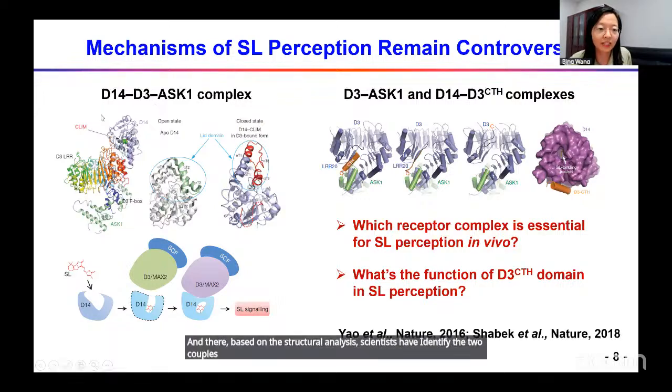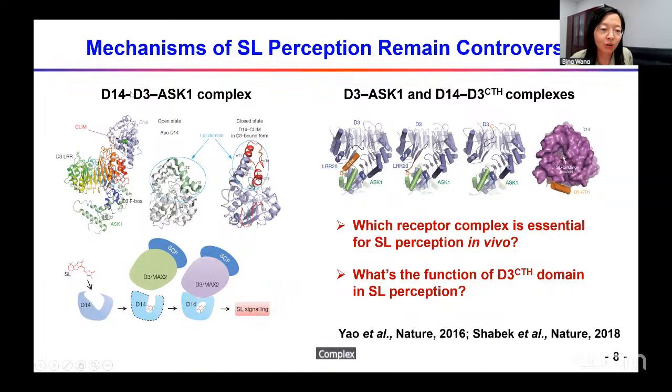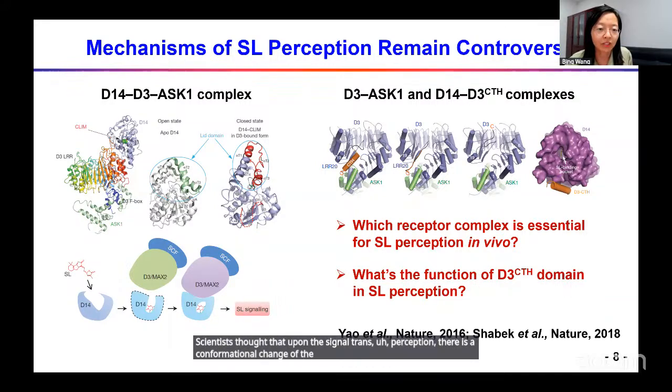The first one is the D14 receptor complex with the F-box protein D3 and ASK1. In this complex, scientists found that upon signal perception, there is a conformational change of the receptor. Then the hormone is hydrolyzed to a small molecule called D-ring and triggers the signal transduction.